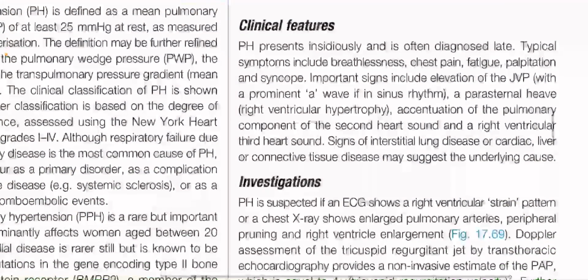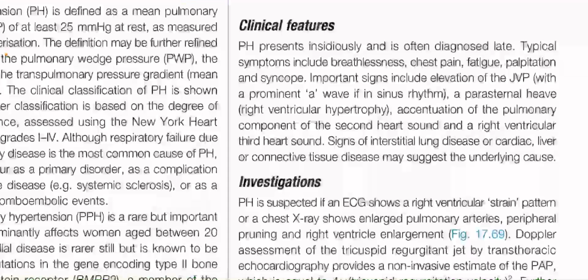Now the clinical features. Pulmonary hypertension presents insidiously and is often diagnosed late. Typical symptoms include breathlessness, chest pain, fatigue, palpitation, and syncope.